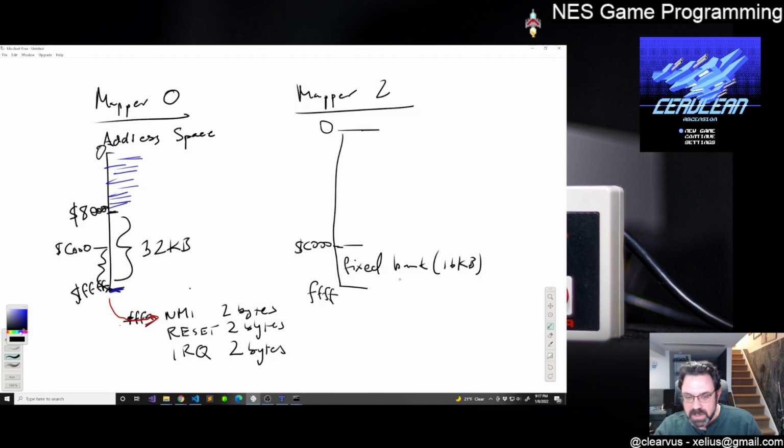Now, the other part that we can play with is this at 8000. Now this range, 8000 to BFFF, technically, this is also 16K. But these are changeable banks. This window here can change.